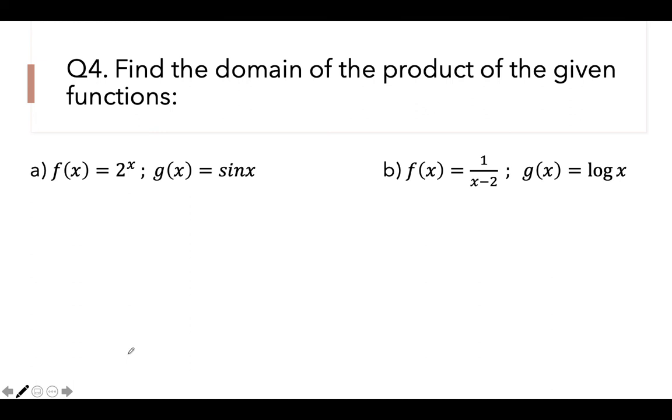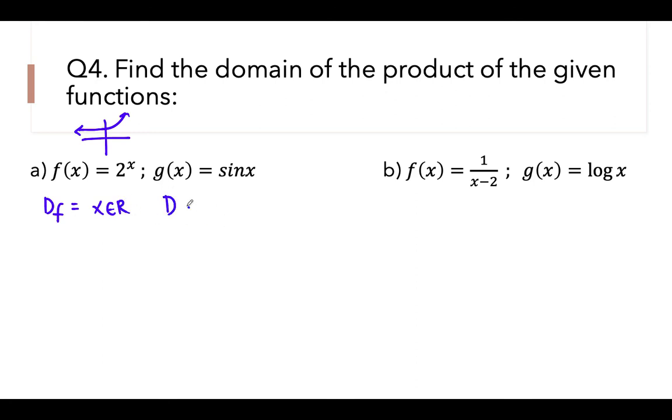Question 4. Find the domain of the product of the given functions. We're given exponential and sine x. For the domain of the function f, the exponential, it's going to be any real number, right? It looks like this. So x can be any real number.